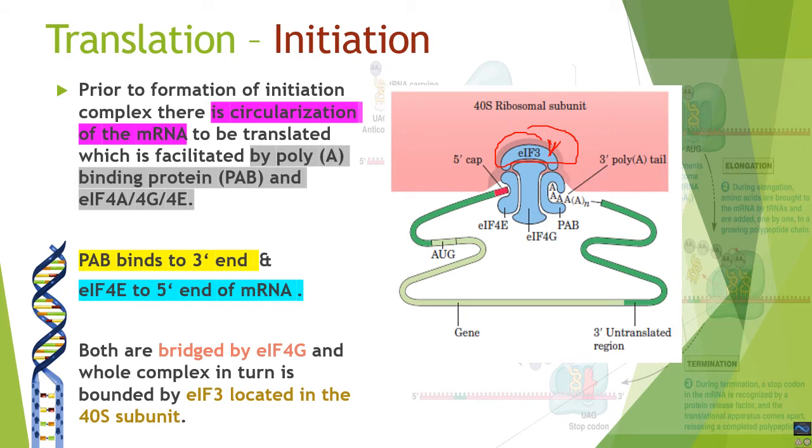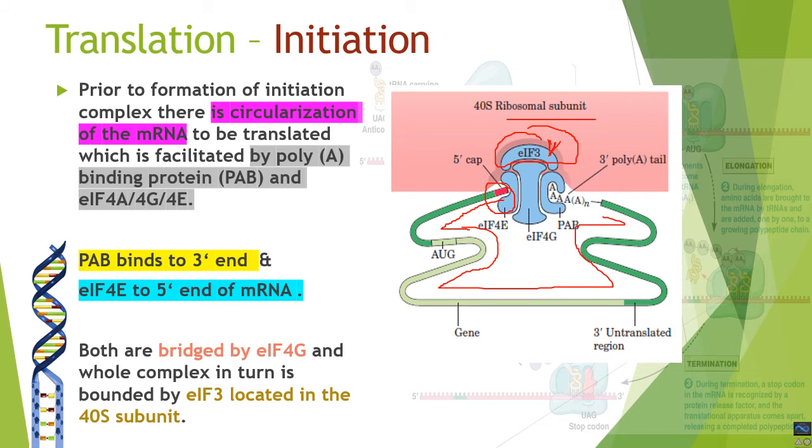So the eukaryotic ribosomal subunit is somewhat specialized in having a certain crevice which interacts with the initiation factors and then enables the circularization of the whole mRNA molecule, so that the mRNA will be bound in a circular manner and will be translated and available much more avidly than in the prokaryotes.